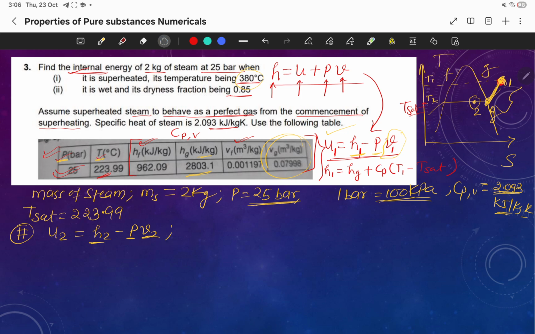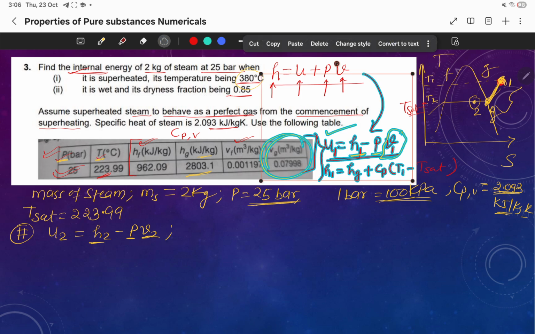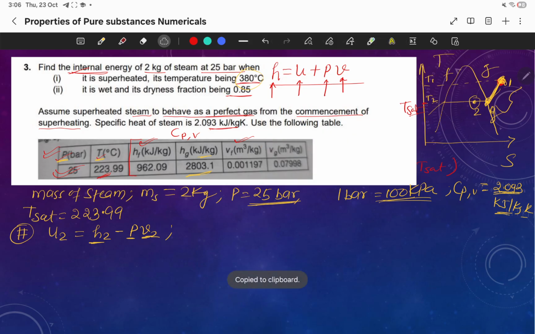Let me erase this section also. When steam is in the wet region, how do we calculate it? Let's write the equation for h2. h2 is how much? hf plus x times (hg minus hf). In this wet region we use this, right?